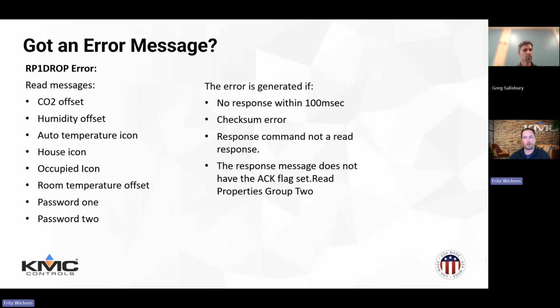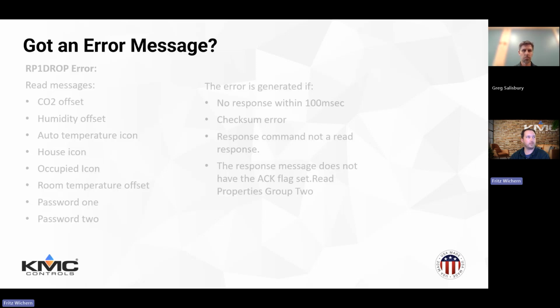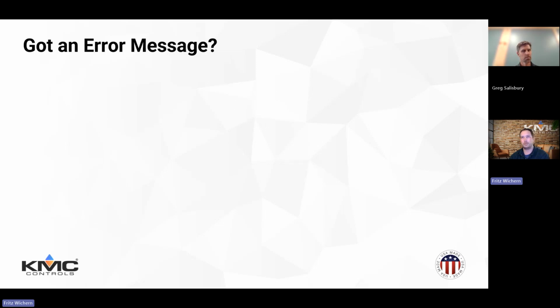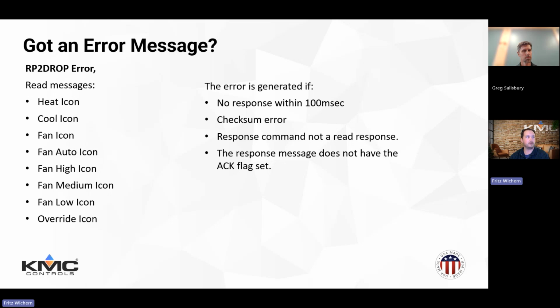It's the read property group 1, so it's looking at read messages for CO2 offset, humidity offset. You'll see the different options here, but the error could be generated if there's no response, or if it's a checksum error. So some of these things here are just a little bit of a guide to help you troubleshoot through seeing some of these errors.